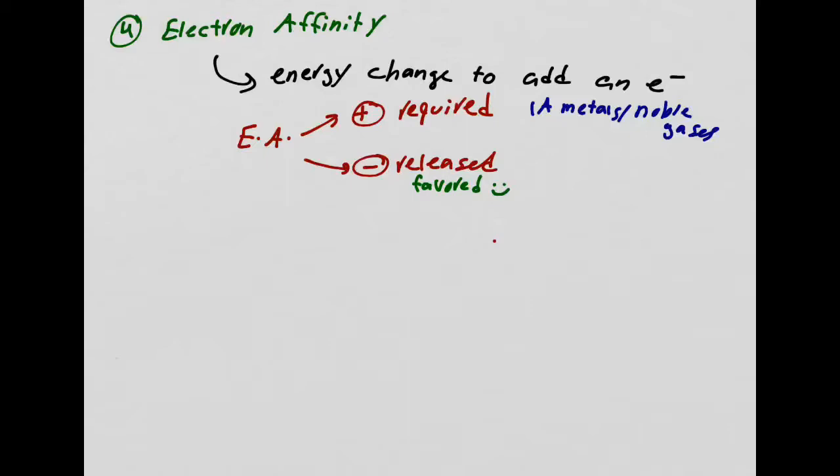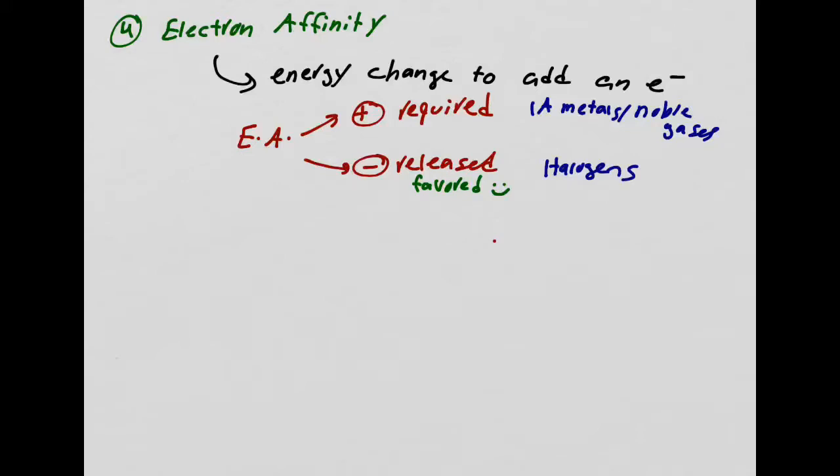The same thing with 1A metals. They want to lose an electron, they don't want to gain one. So because that's not favored for them, to add an electron, energy is required. You require energy to do that. Now, on the other hand, let's look at halogens.